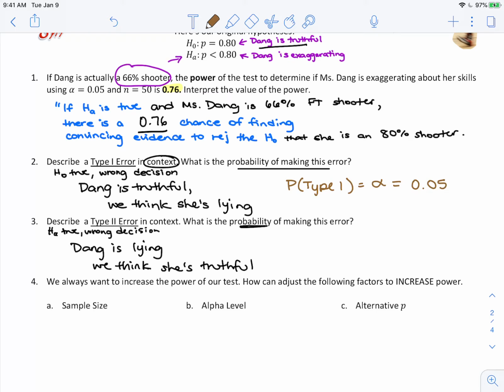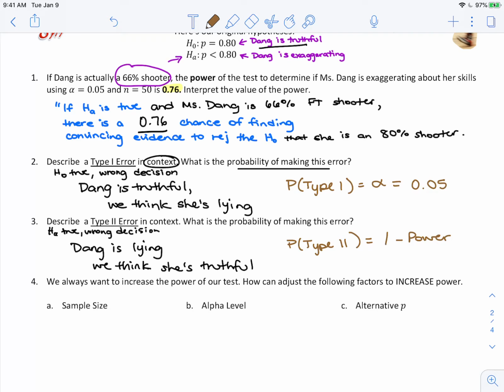Okay? Type 2, what is the probability of making this error? Last year, some of my students would say, oh, it's 95%, because 1 minus this is 95%. No. But I'll tell you what it is now. So probability of type 2 is actually 1 minus the power of your test. So what was our power?